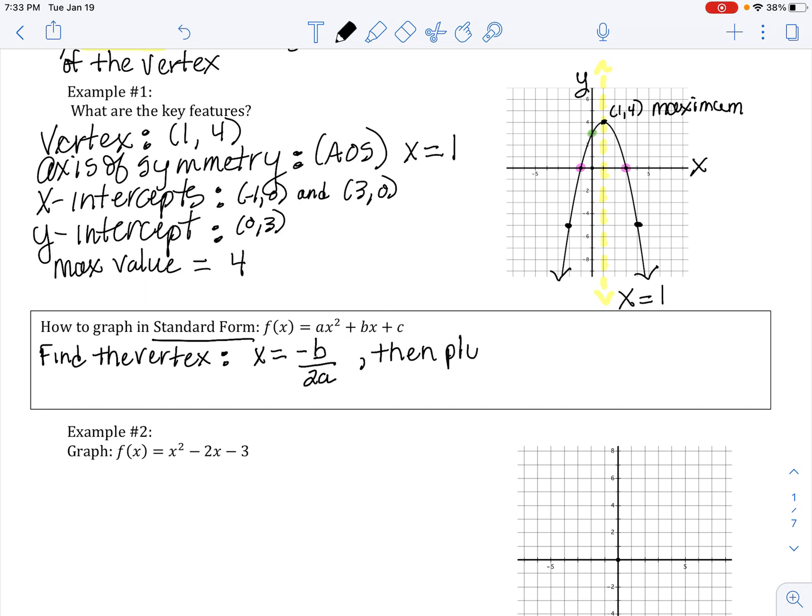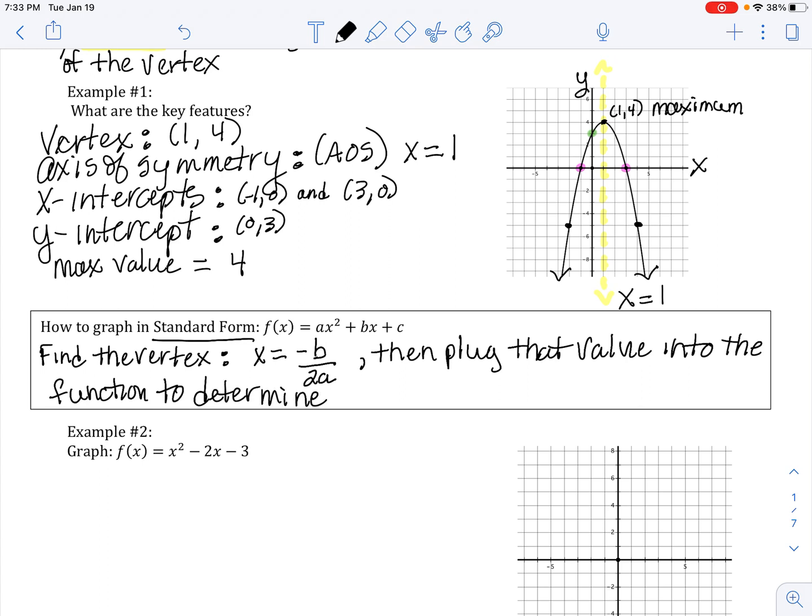Then plug that value into the function to determine the y value.